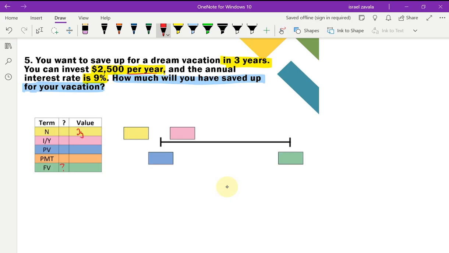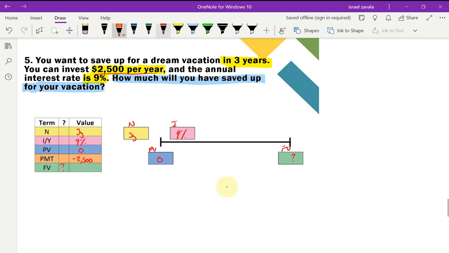This is simple, easy. So looking for future value, top to bottom, how many years? 3 years. Our expected return, or the interest rate in this case, is 9%. There's no present value here. It doesn't say we're starting with any dollar amount, so that's 0. And we have $2,500 per year, right? Minus 2,500. So 3 years, interest 9%, no present value, and I'm looking for this future value here.